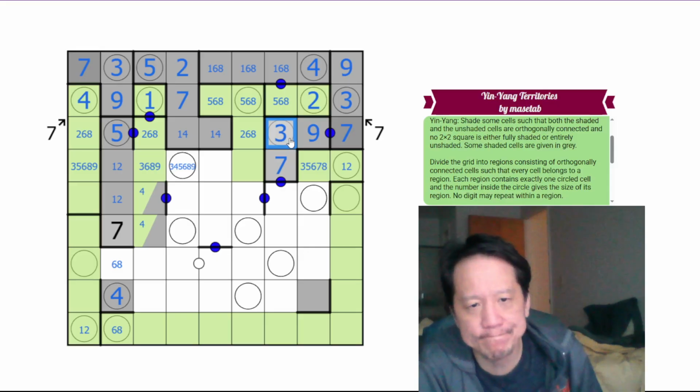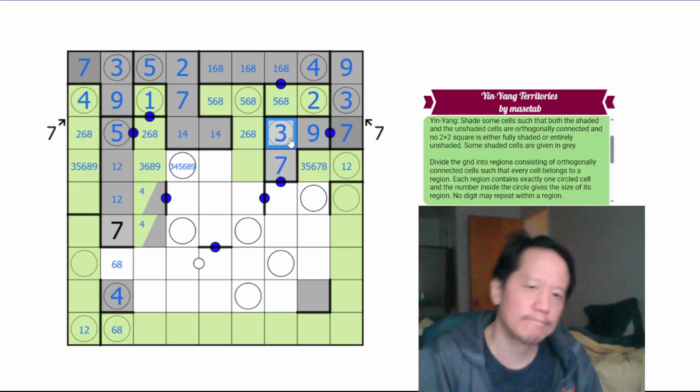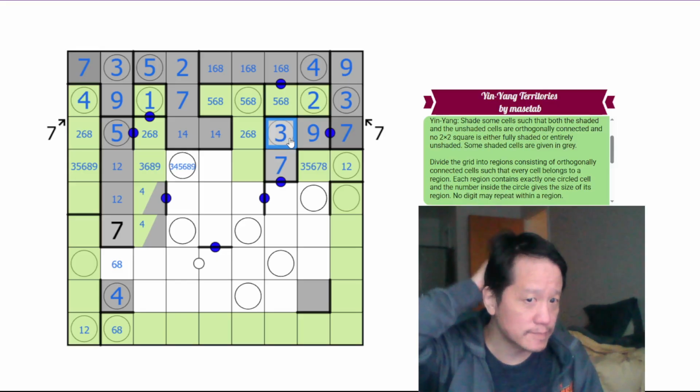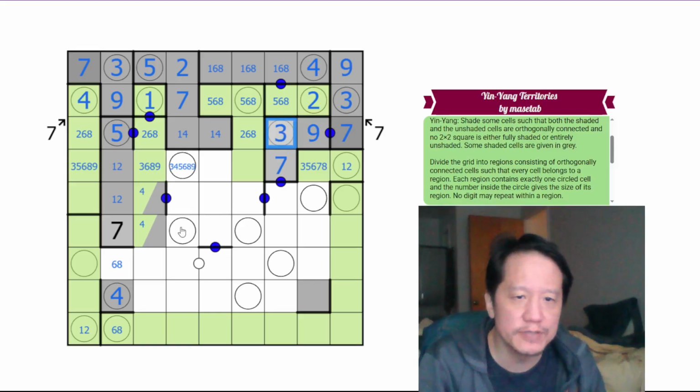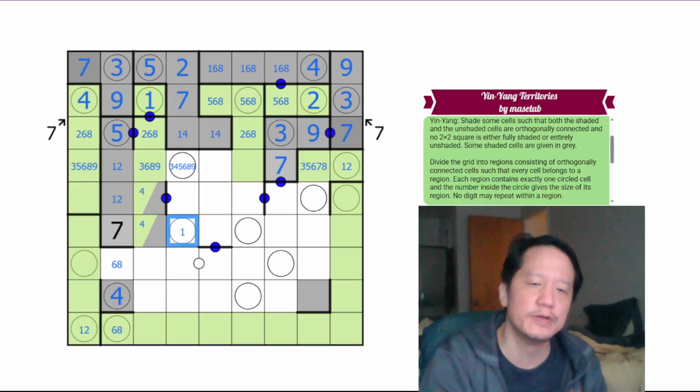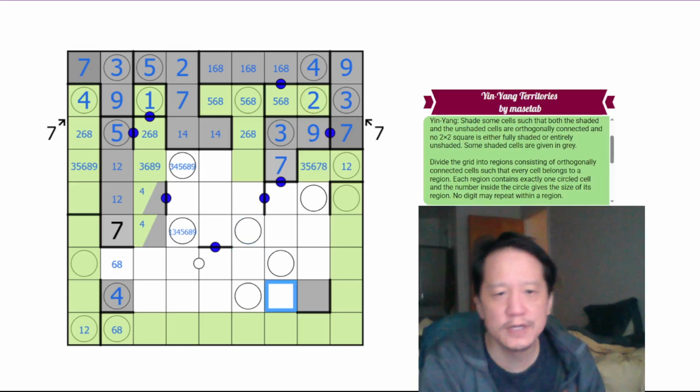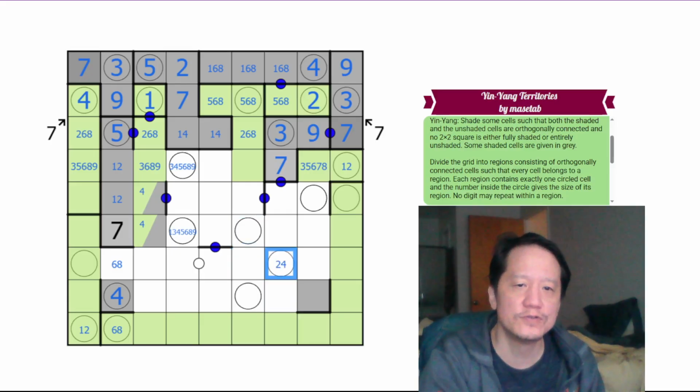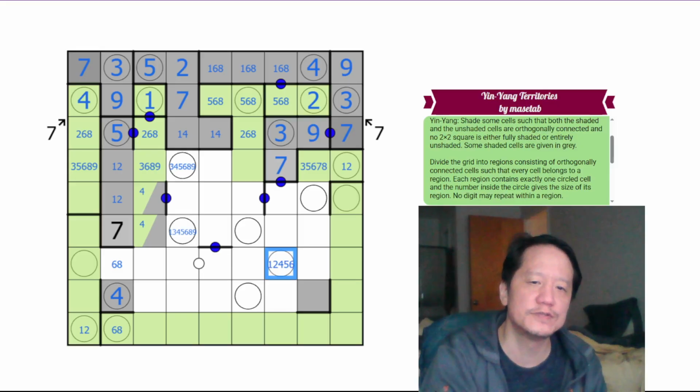This can't be 2 or 7, so it could be 1, 3, 4, 5, 6, 8, 9. This can't be 3 or 7. It's 1, 2, 4, 5, 6, 8, 9.